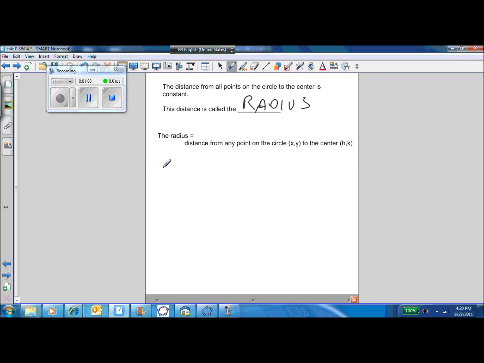So the radius r equals the square root of x1 minus x2, well in this case x minus h squared, plus y1 minus y2, so that's y minus k squared, and then square both sides.